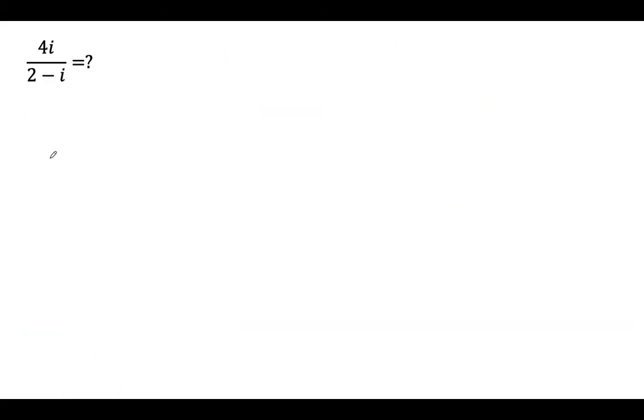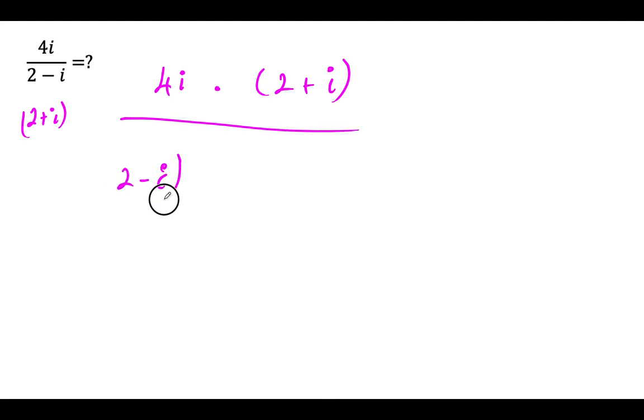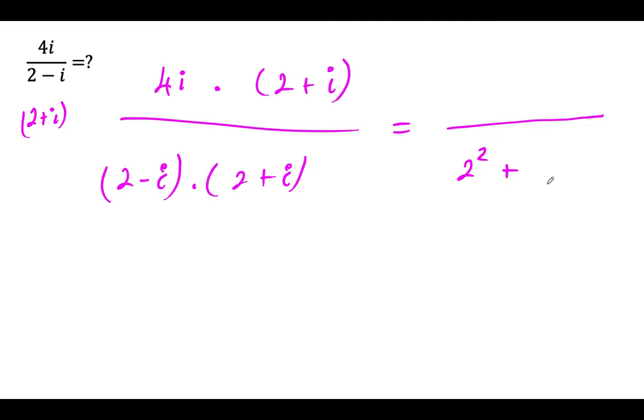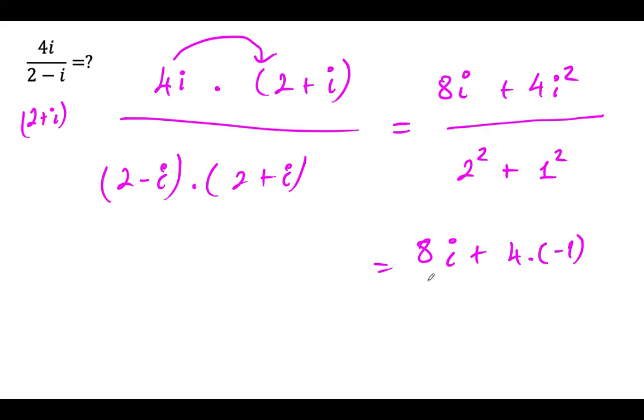Now let me continue here. 2 plus i, which is the conjugate, so it will be 4i times 2 plus i divided by 2 minus i times 2 plus i. If I use the practical rule, directly the denominator will be 2 squared plus, in front of the i you have 1, so 1 squared. And the numerator: 4i times 2, 8i; 4i times i will be 4i squared, and I know that i squared is negative 1, so 4 times negative 1.